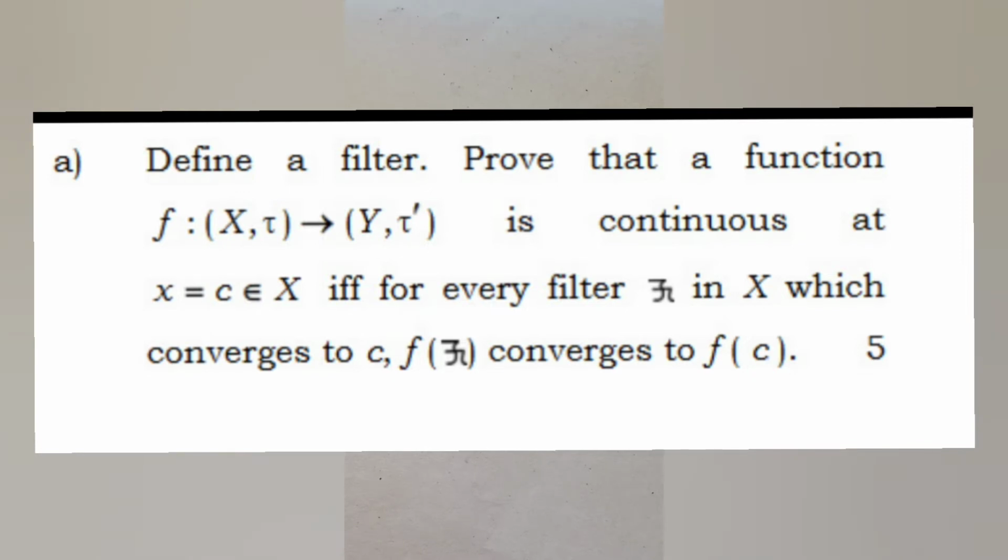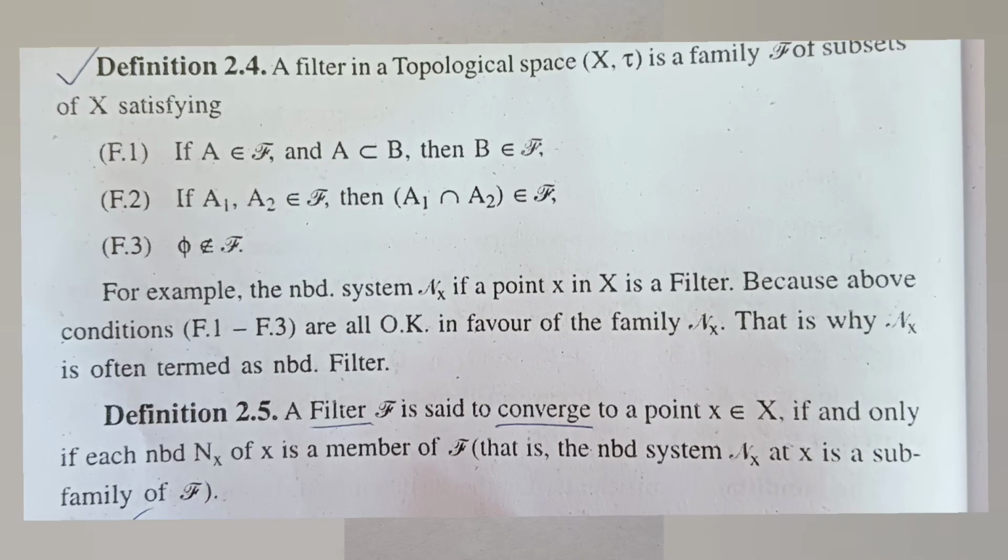I have already given an idea about what it means when we say that a filter converges to some point in the beginning, and already discussed what a filter is, so we will skip to the second part of the question.